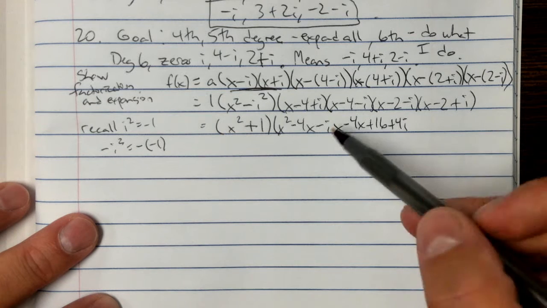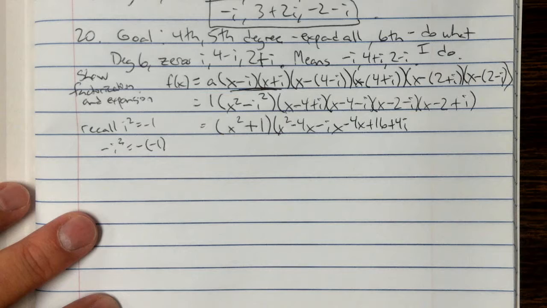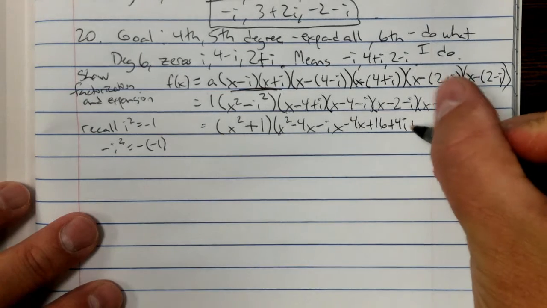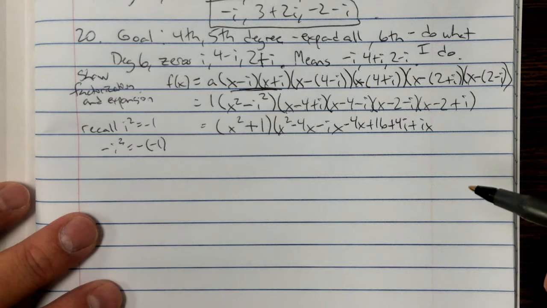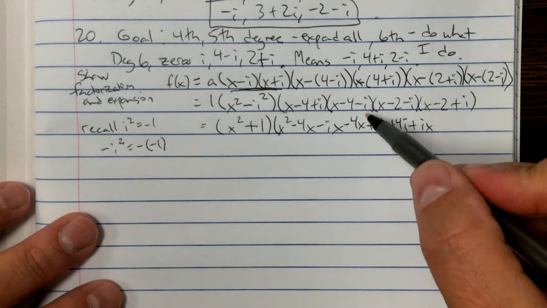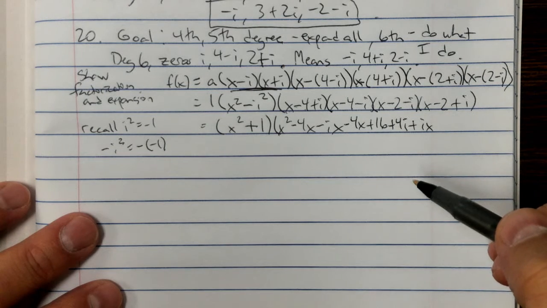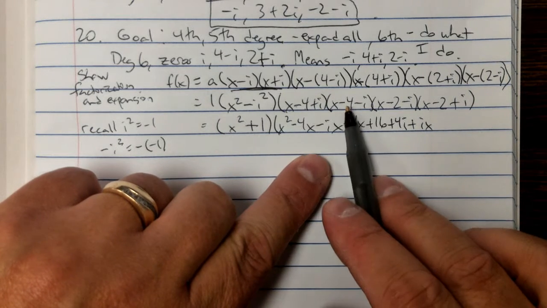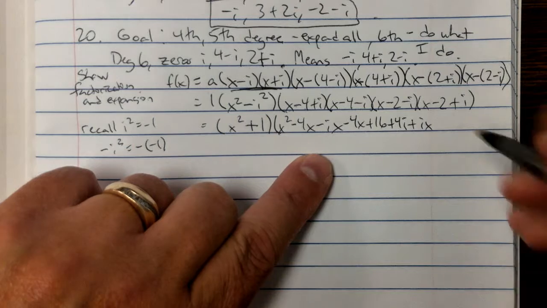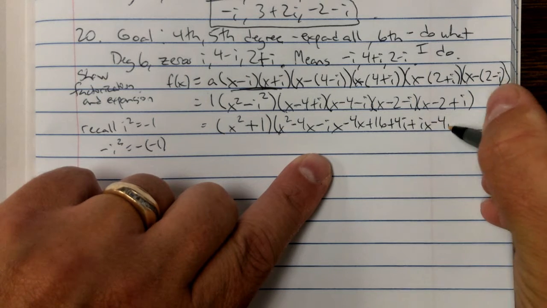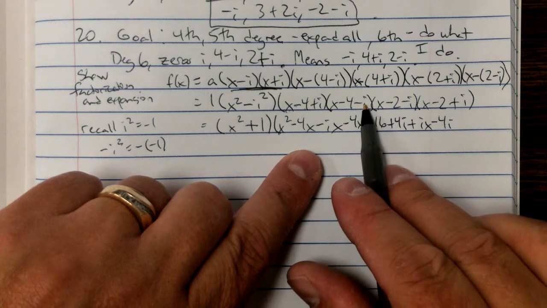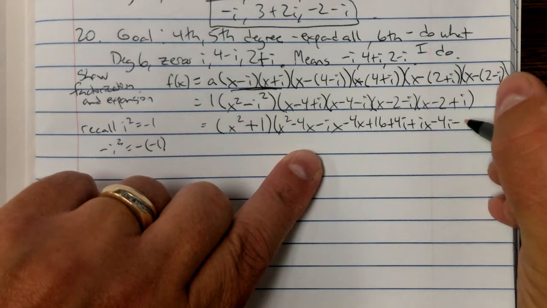Okay, and then we need to do i times each of those. So i times x is ix. I times negative 4 is negative 4i. I times negative i is negative i squared.